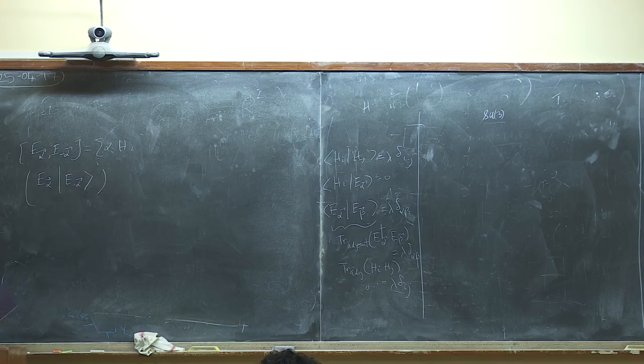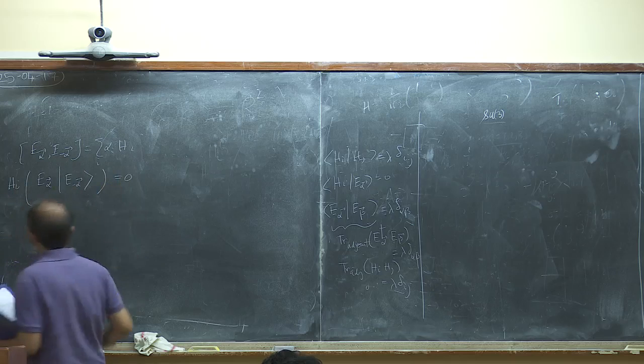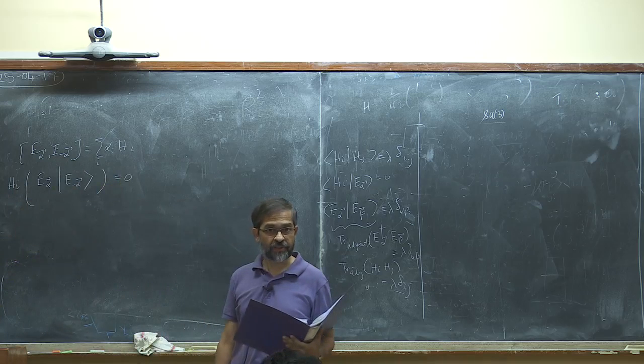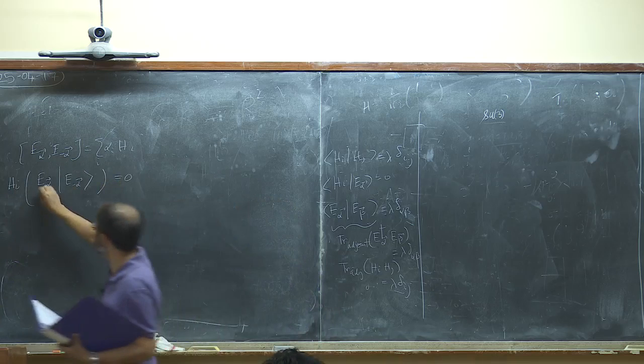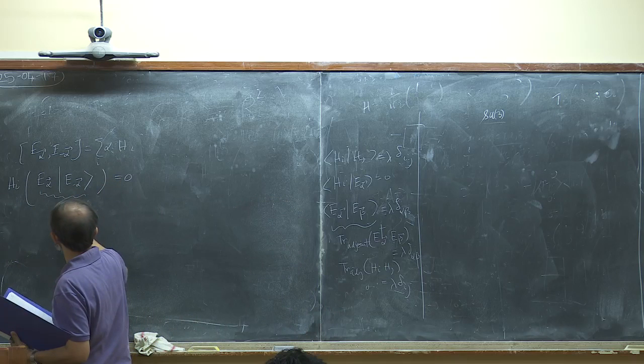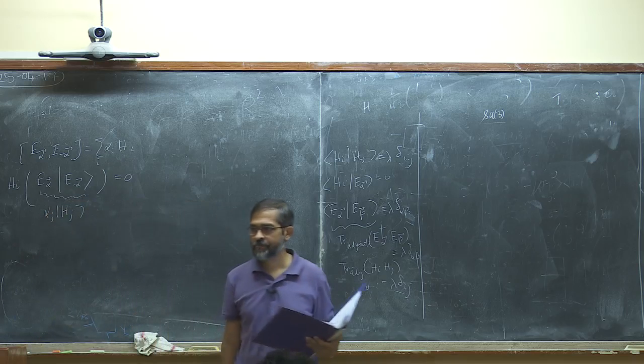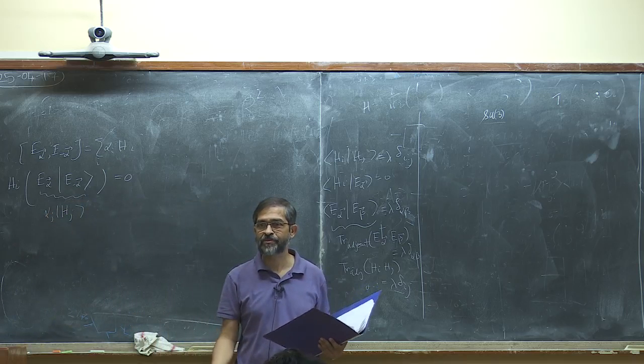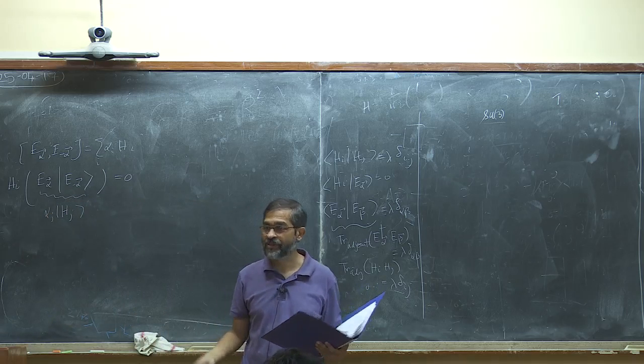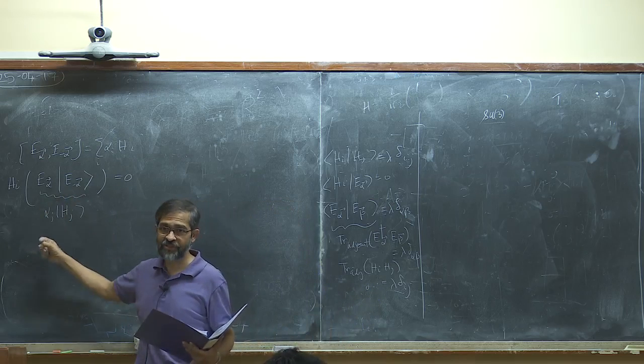I construct this vector, and I want to show that Hi acting on this vector gives you 0. If that is the case, then this fellow must be some linear combination of the Hi, because of the maximum number of commuting generator thing. You cannot invent another commuting generator inside.